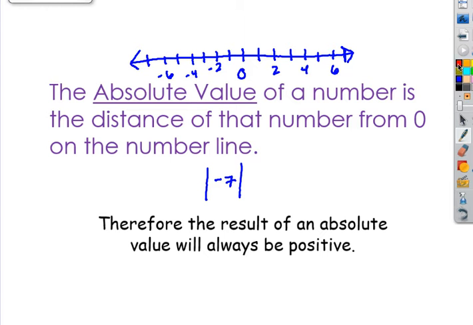So like if I was to graph this, the point -7 is exactly 1, 2, 3, 4, 5, 6, 7 spaces away from 0 on the number line. Therefore, the answer to the absolute value of -7 is +7, because that's how far away it is. So you may have always thought of it as it makes everything positive, but that's why, because it's the distance from 0. If I was to count, it's 7 spaces away.